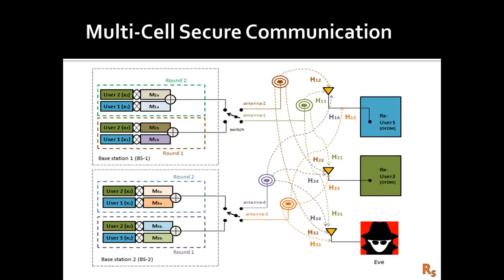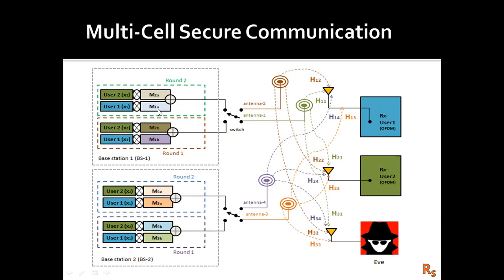In this system model, we have two multi cells. It is similar to the CoMP structure in the literature, coordinated multi-point communication.